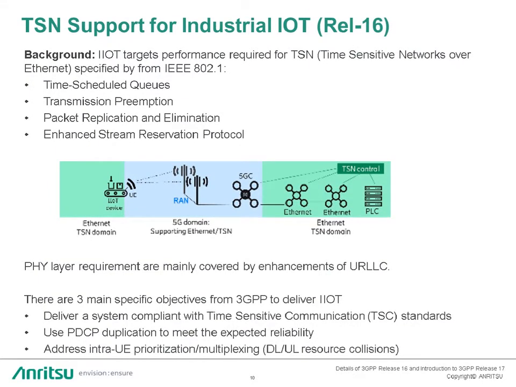So here, one key factor for integration between industry requirements and 3GPP 5G is time-sensitive networks, primarily in a manufacturing environment inside the industries.